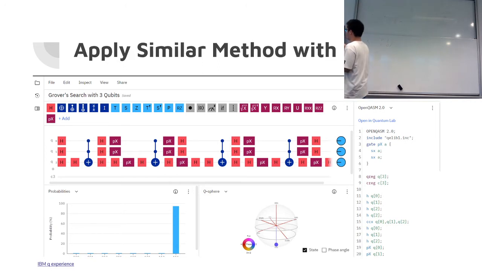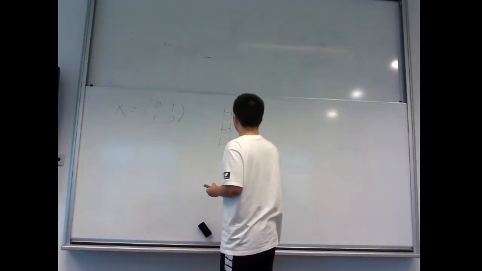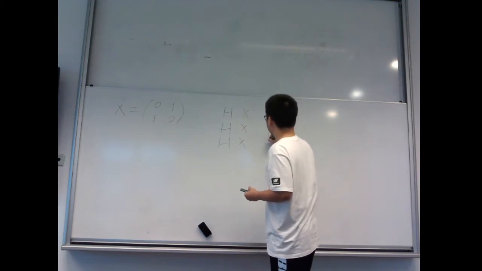But the way this IBM Q is constructed, I couldn't separate the oracle and the state clearly. What actually does the search is this part: the three Hadamard gates, then the Pauli-X operator, and then this Toffoli gate here.